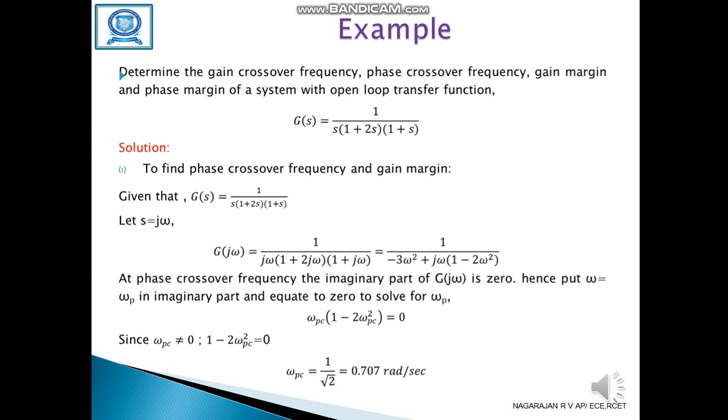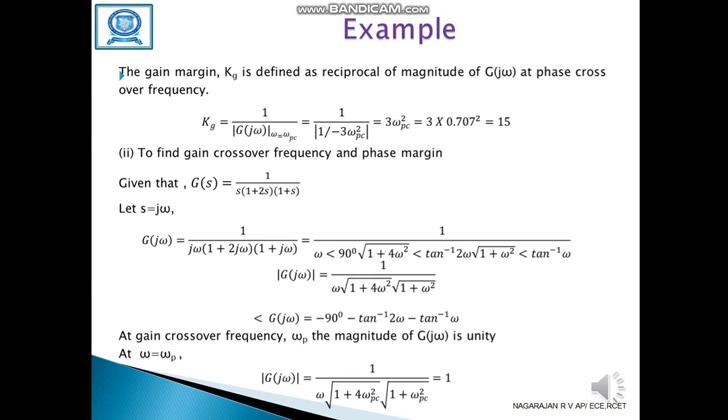So G(s) equal to the given function, put s equal to jω. Substitute s equal to jω, so you will get this. From this, consider 1 minus 2 ωpc square equal to 0. From this find the ωpc value, 0.707 radians per second.